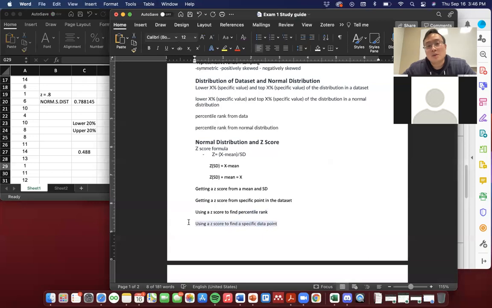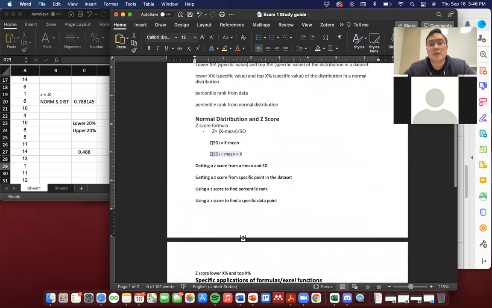So using a z-score to find a specific data point. Well, that's just this right here. So we're getting that too.